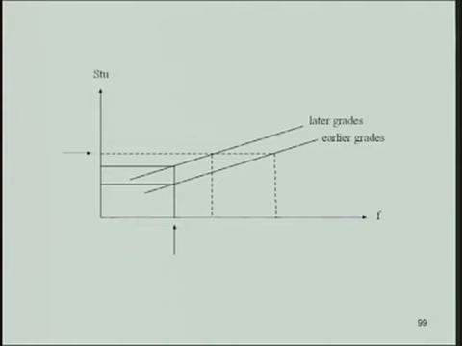So the same factor value makes us expect different stubbornness values. Or put another way, for a certain observed stubbornness value, going backwards, later grades indicate a less severe aggression level for F than if that stubbornness value had been observed for earlier grades.